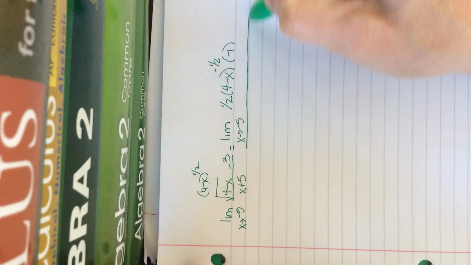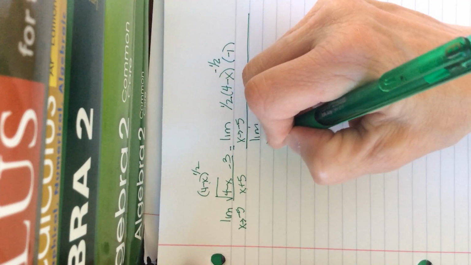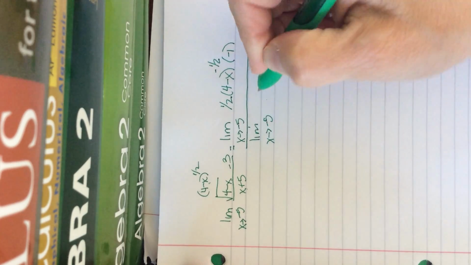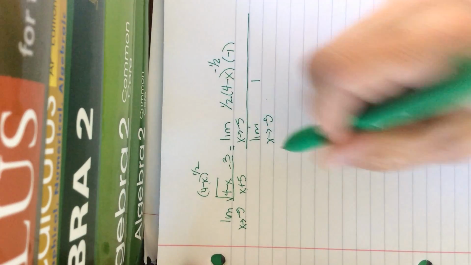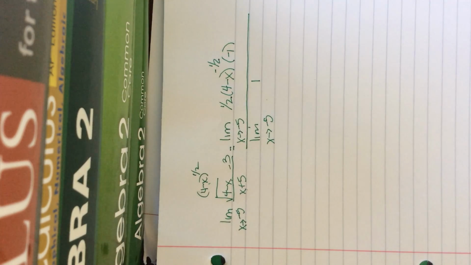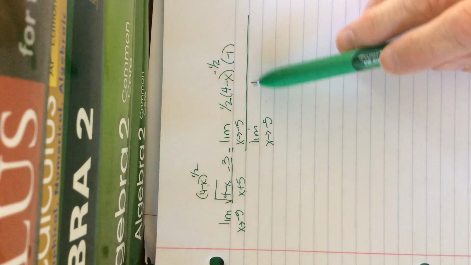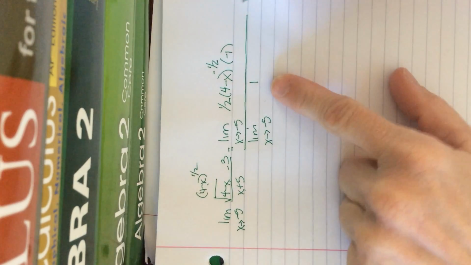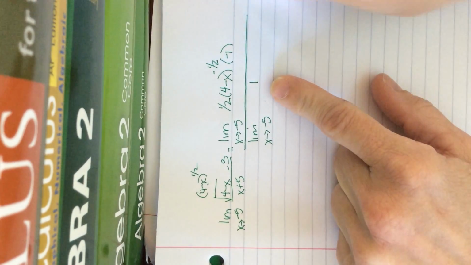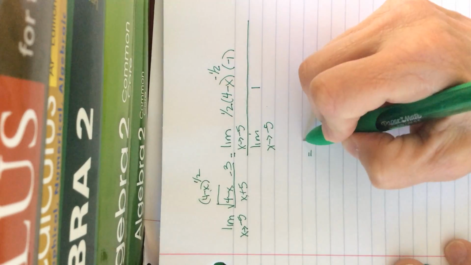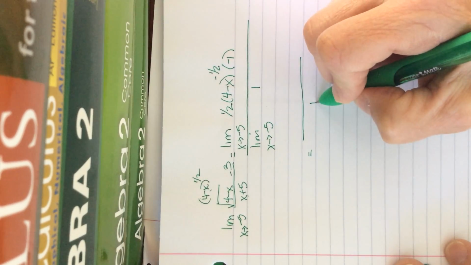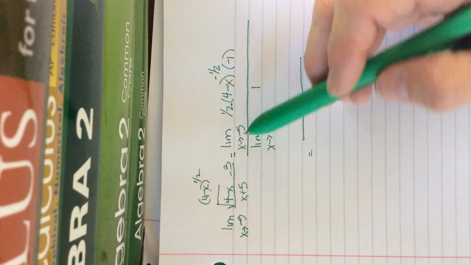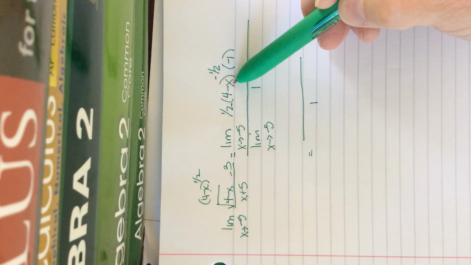And all of that will be over the limit as x approaches negative 5 of 1, the derivative of the denominator. Okay, so it looks like I'm in good shape because the limit of the denominator, let me draw my big bar, is going to be 1. Now let's see if we can substitute negative 5 for x.